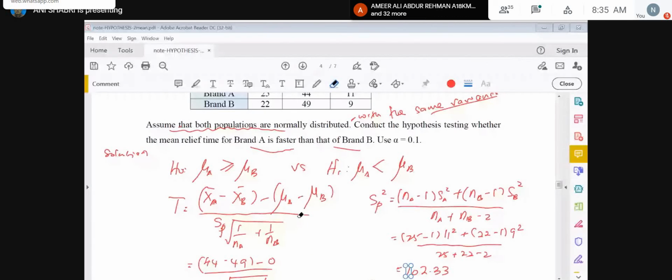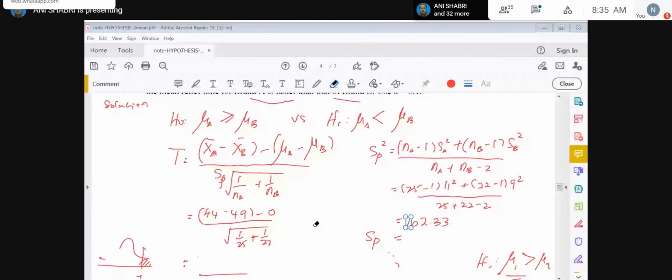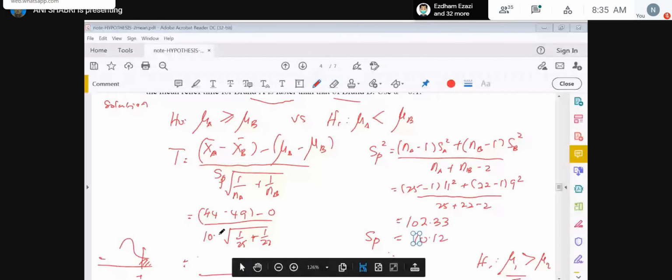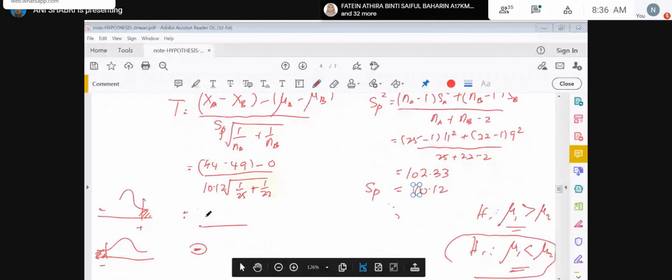Okay. Baik, kita dapat. Jadi kita akan gunakan SP puluhan 12. Kita dapat puluhan 1. Okay, we put here SP puluhan 1. Try calculate what is the value dia. Okay, cuba calculate berapa nilai dia. Okay, berapa nilai T?